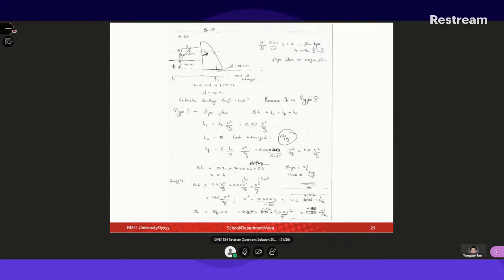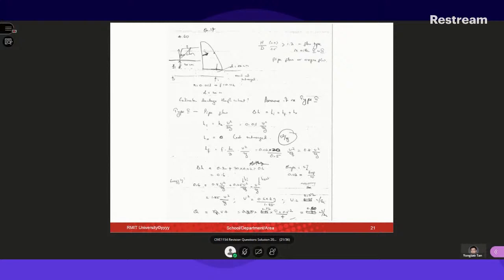Now we assume it is type 2. Assume type 2, so it is a pipe flow. So the head loss is the loss at the entrance, friction loss, and the loss at the exit.